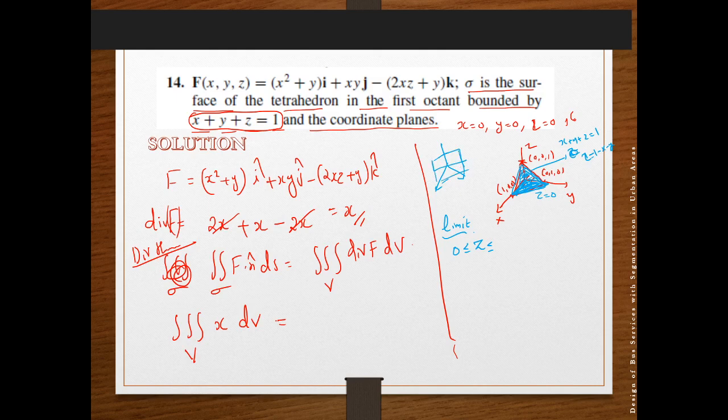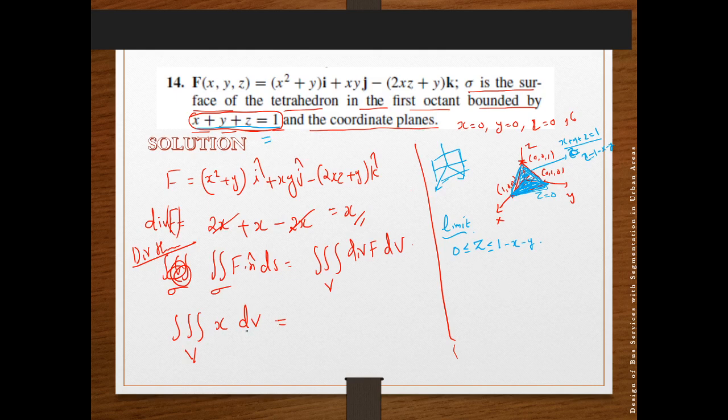But it is a plane, so the surface is actually this. The surface is given by x plus y plus z equal to 1, so z is 1 minus x minus y. Have you got it? That is the upper surface, and the lower surface is the coordinate plane z equal to 0.